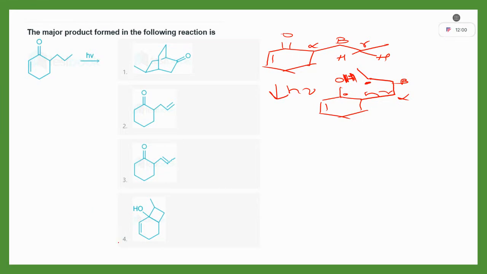So, the correct answer is option number 4. Actually here I have given a wrong notation. This is your alpha, beta, gamma. Okay, these will form and will result in the formation of product 4. Yes or no?